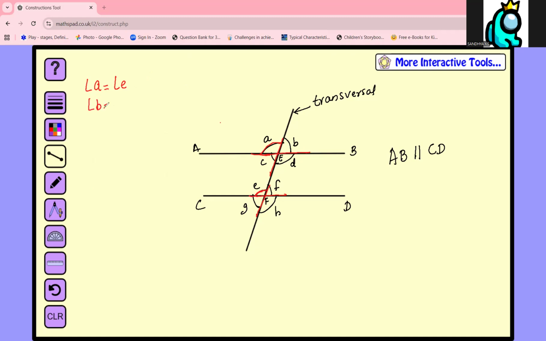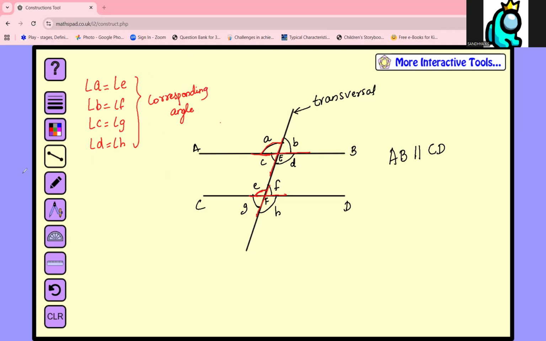Similarly, angle B is equal to angle F, corresponding angles. Angle C equal to angle G, corresponding angles. Angle D equal to angle H, corresponding angles. So why are these equal? Because they are all corresponding angles. Okay.